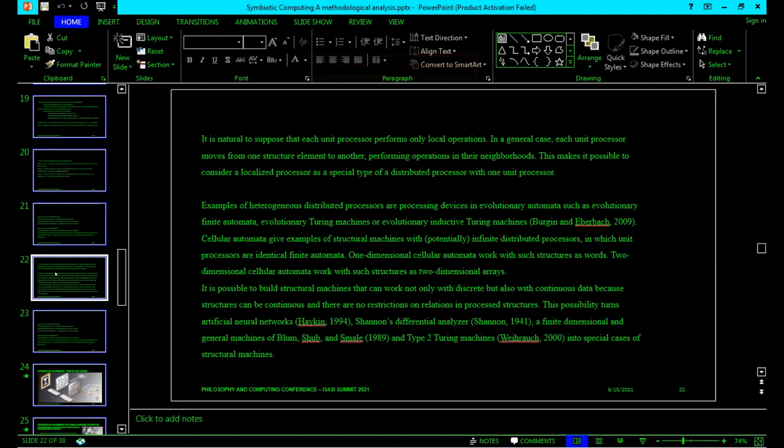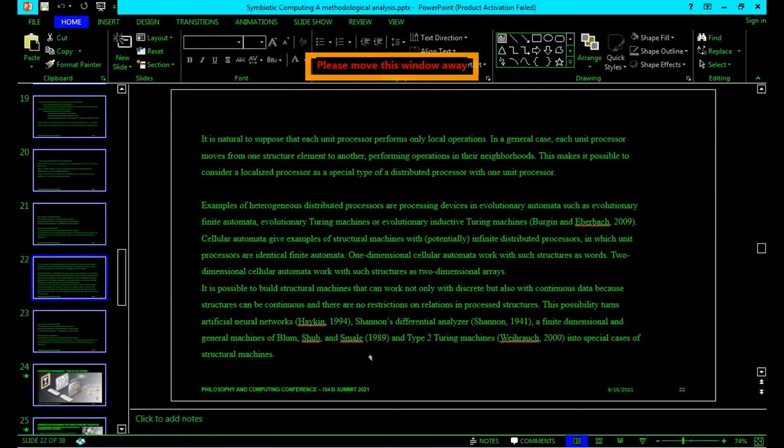It is possible to build structural machines that work not only with discrete, but also with continuous data, because structures can be continuous and there are no restrictions on relations in process structures.